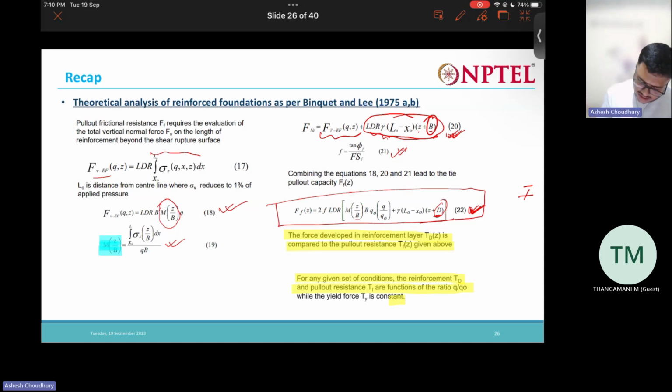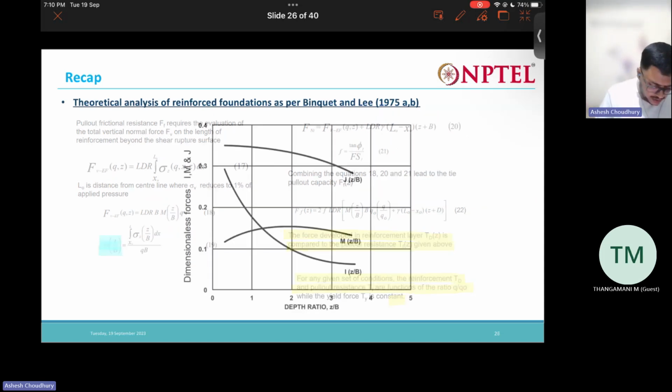Because B here they have used as width, right? And D should be the depth of the footing.